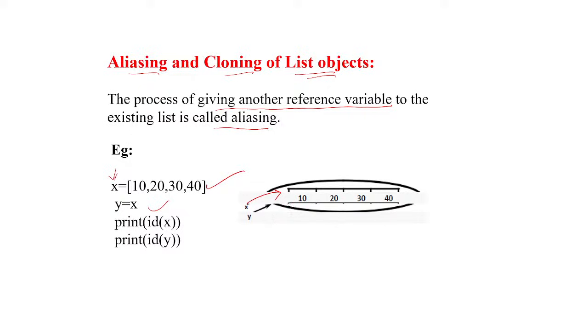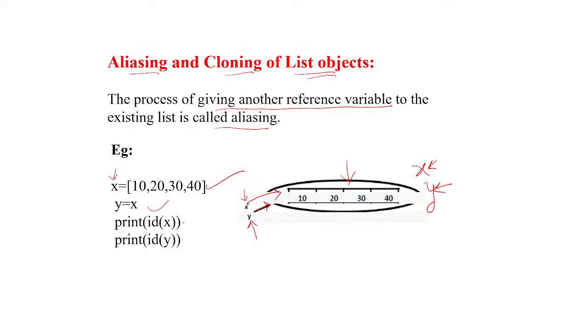To the same list, y also points to this 10 20 30 40 list. So that means now there is only one list. You can access this list with the help of the name x. You can also access the list with the help of the name y. That means for the same list, you have given one more name. Its name is x, and now you have given another name called y.